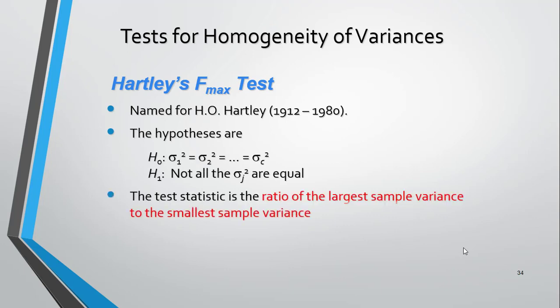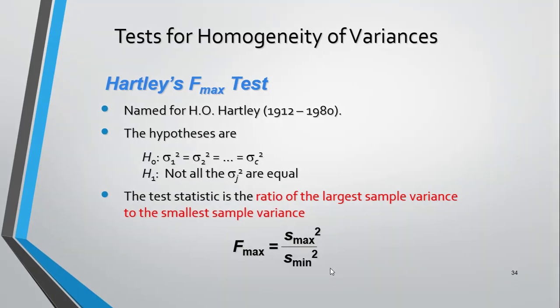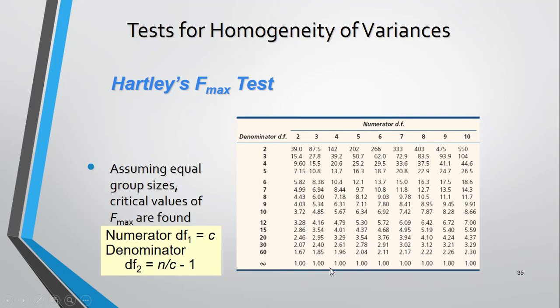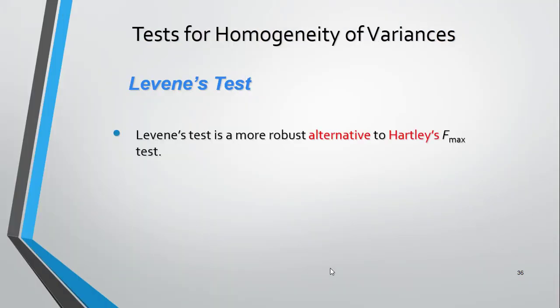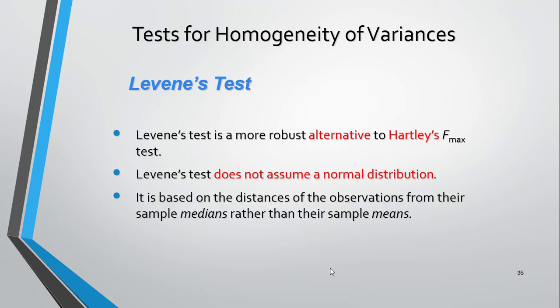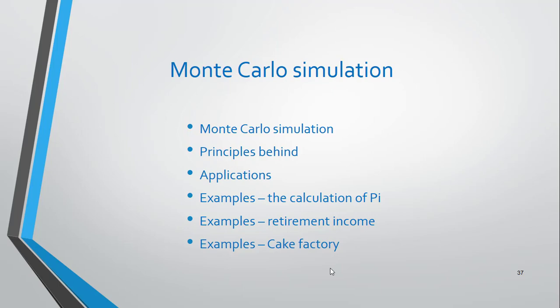This is the hypothesis, and the test statistic is the ratio of the largest sample variance to the smallest variance. We're not getting into detail. There's also Levene's test of homogeneity of variances, a more robust alternative to Hartley's test, and it does not assume a normal distribution. So just so you know.